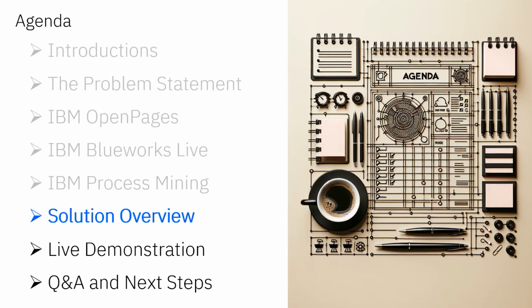One of the things that we did is we went out to our existing customers that have business automation workflow implemented. This also works with other workflows like Appian or Pega. We put all that log information into IBM Process Mining, and we were able to make recommendations on a production system to improve the way that it's running based on a number of factors.